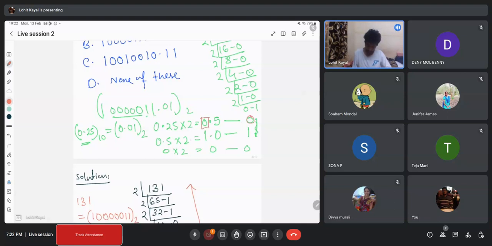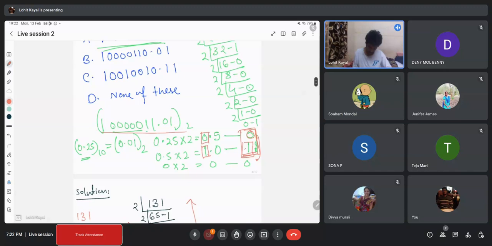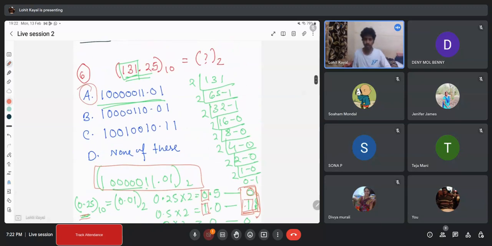Then 0.5 into 2 equals 1. I have taken this 1, and then I am left with 0 only. Then 0 into 2 is equal to 0. So 0, 1, 0. Here the 0 has repeated again, so we will consider just the first two numbers. So 0.25 base 10 equals 0.01 base 2. So option A is the correct one.